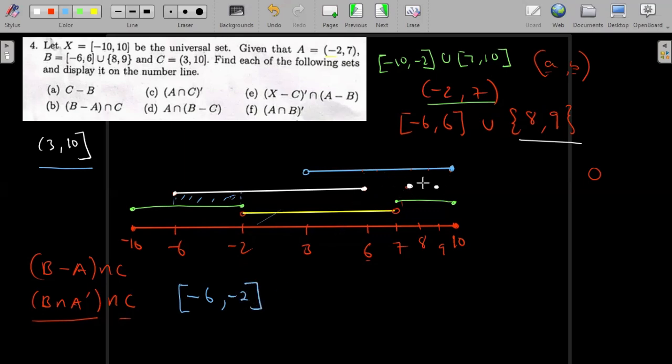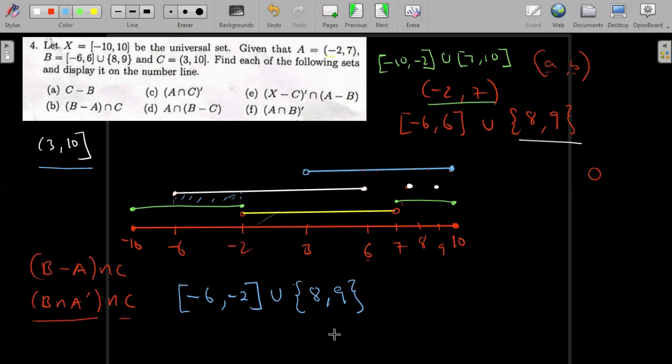Then for this part of B, it intersects with 8 and 9. You see these 8 and 9 are also in this set. So union the set containing 8 and 9, since those are just points. So this is B intersect A complement. Then you have to intersect this with what?